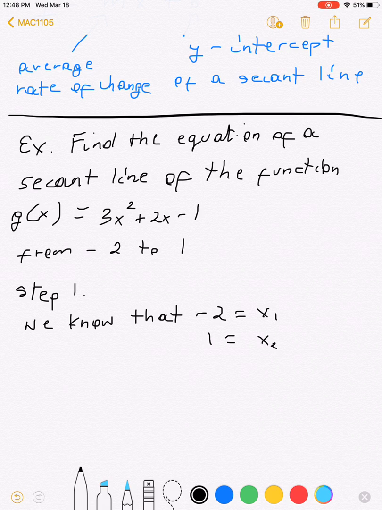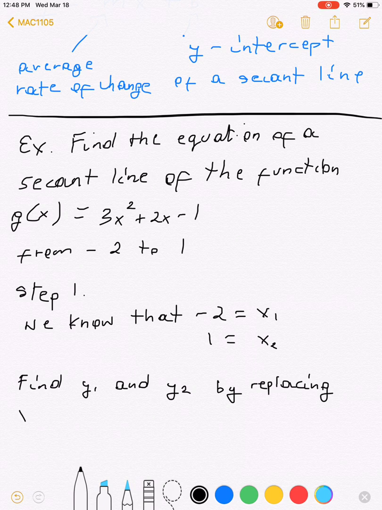So what I want you to do, we need to find y1 and y2 to be able to find the average rate of change, which is the slope, and use the slope formula. Find y1 and y2 by replacing x with -2 for y1, and to find y2 you'll replace x with 1.